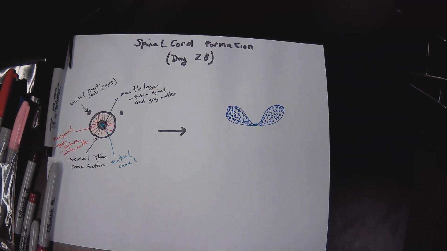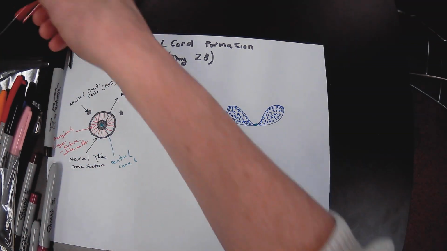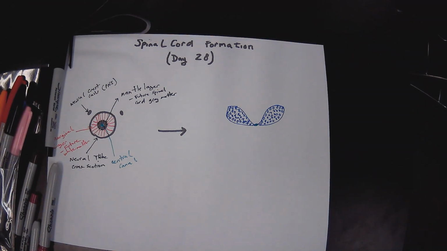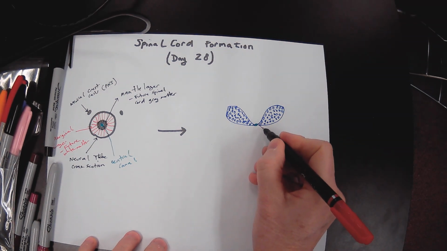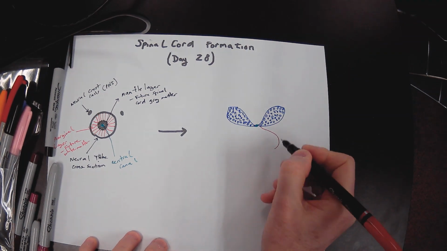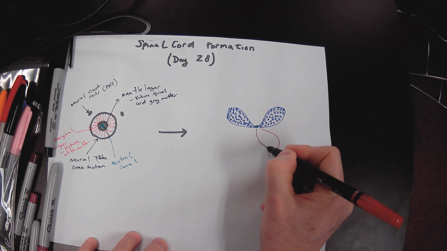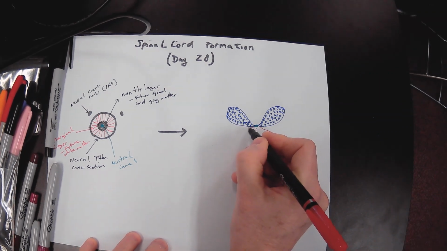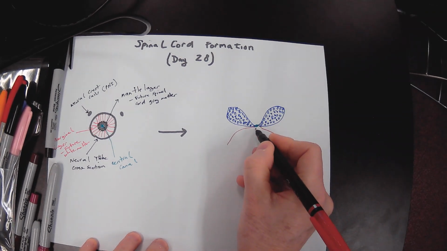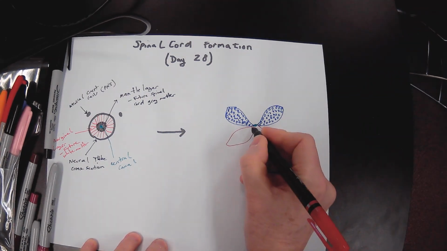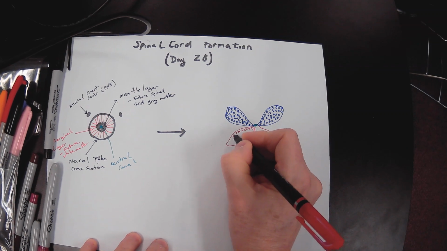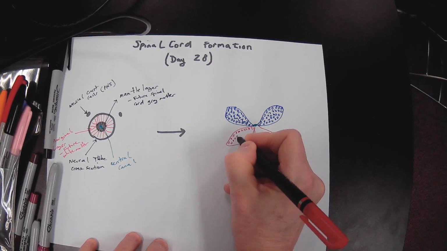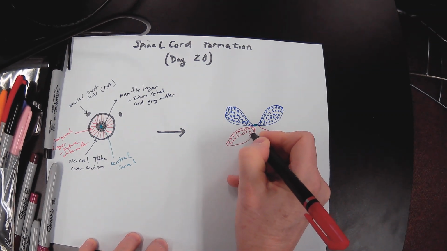That's on top. And then a similar situation happens on the bottom. Neuronal cell bodies have divided to form two more wings on the bottom, and these are nothing more than neuronal cell bodies that exist inside this structure.